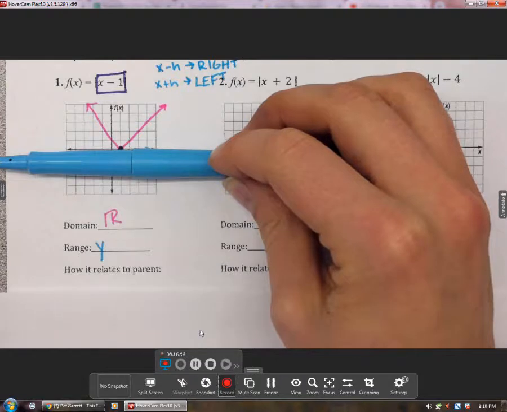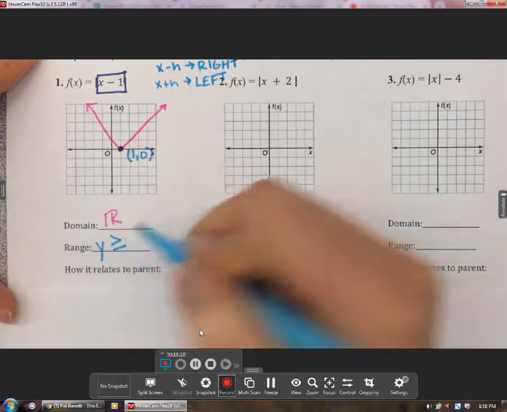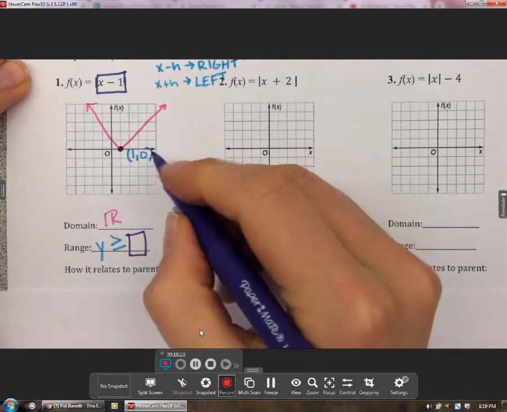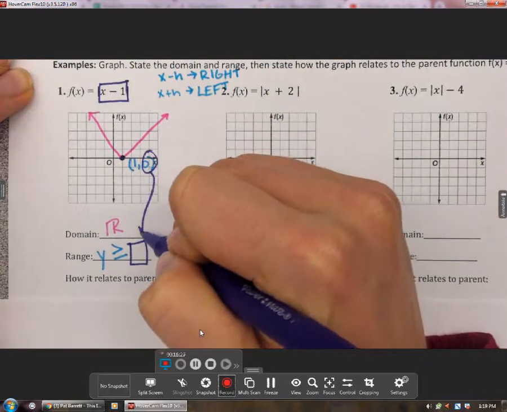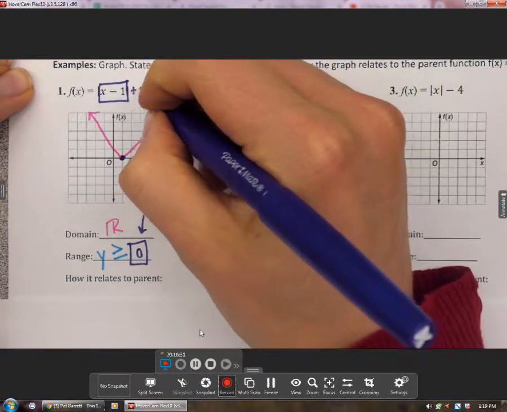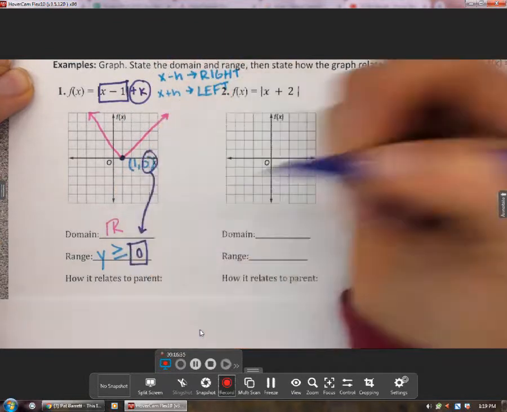I hope you're thinking above. Maybe you even said it. Above my pen. So it's greater than or equal to, and then I've got to plug in the y value. The other thing I'll point out here is the y value is 0. So that's the number that's going in here. The number that goes in here will always be whatever your k is. This one doesn't have a k, so it's just going to be 0 that goes in.